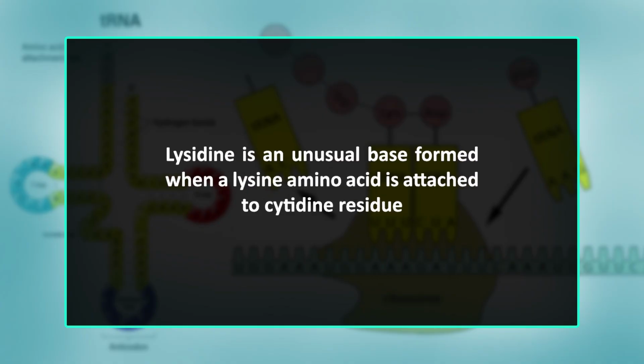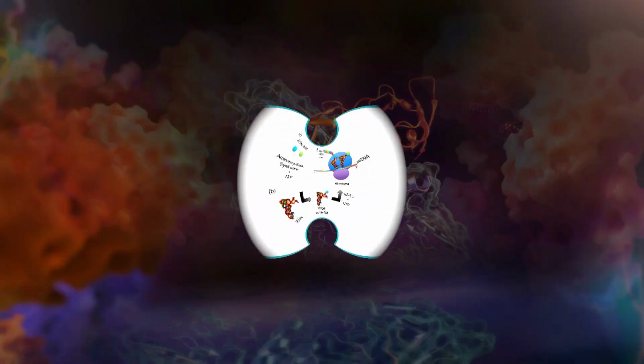Lysidine is an unusual base formed when a lysine amino acid is attached to the cytidine residue. Lysidine pairs specifically with adenosine, a property that is used by the isoleucine tRNA to ensure translation specificity.